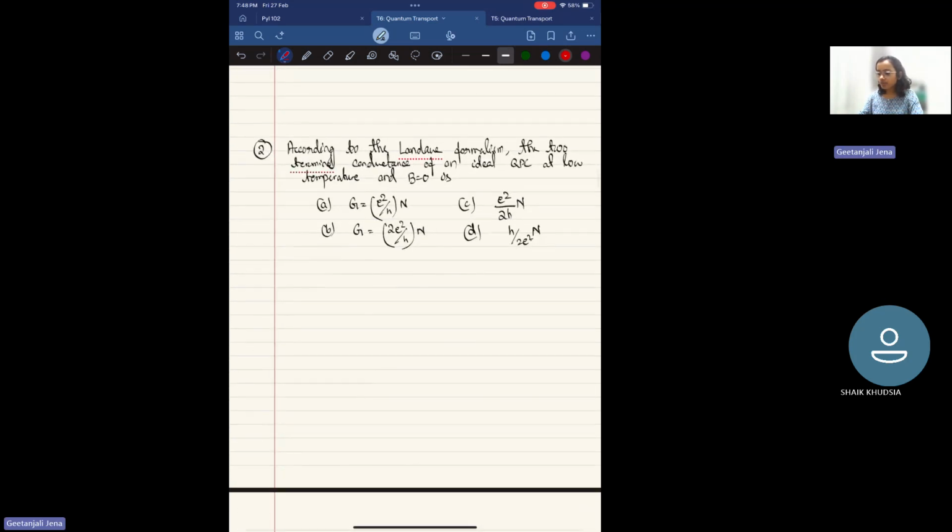Question number 2. According to the Landau formalism, what is the correct expression for the two terminal conductance of an ideal quantum point contact at low temperature and when there is no magnetic field?